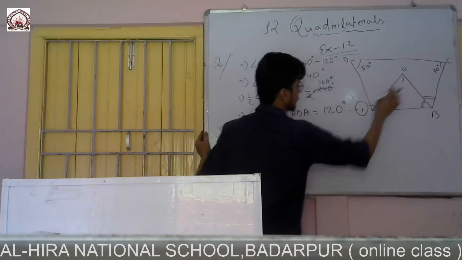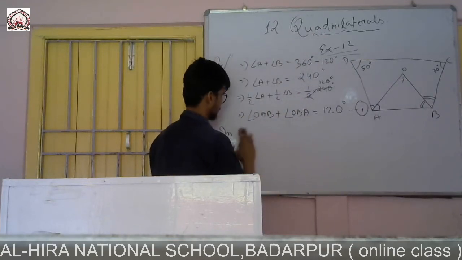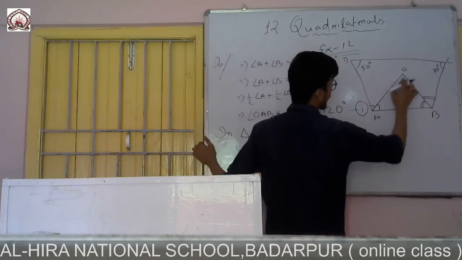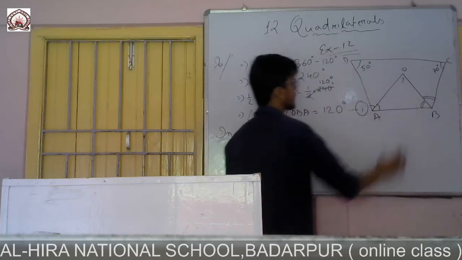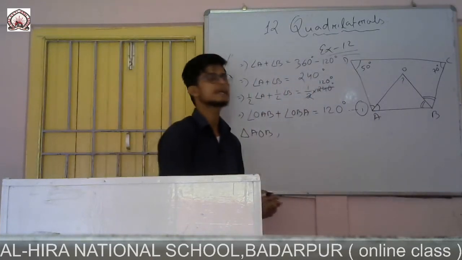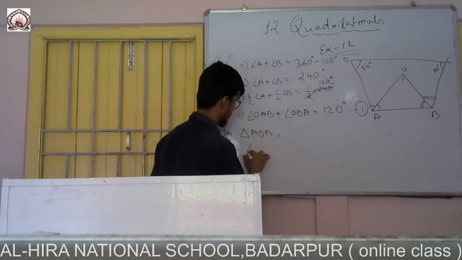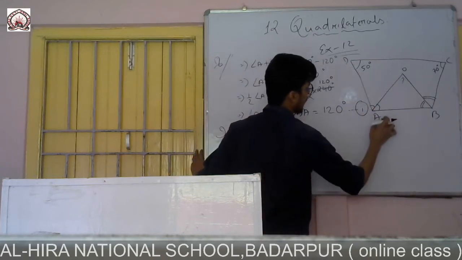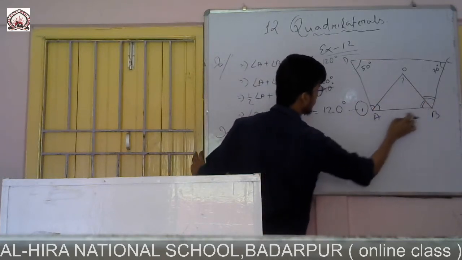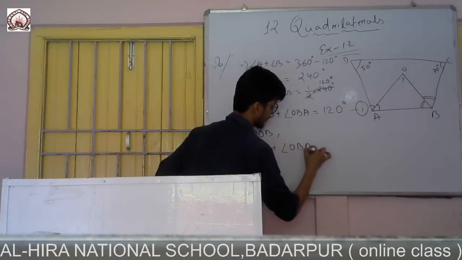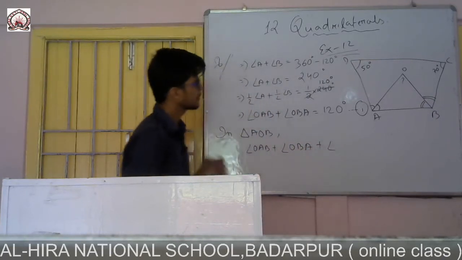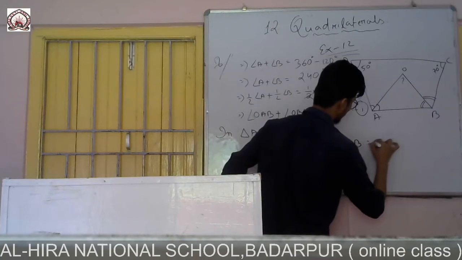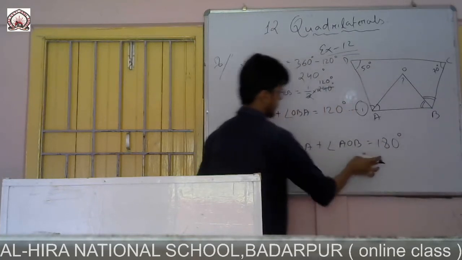Now it is a triangle. So now in triangle AOB, this is a triangle, and we know that the sum of the angles of a triangle is equal to 180 degrees. So I will write angle OAB, plus angle OBA, plus angle AOB, which is equal to 180 degrees.